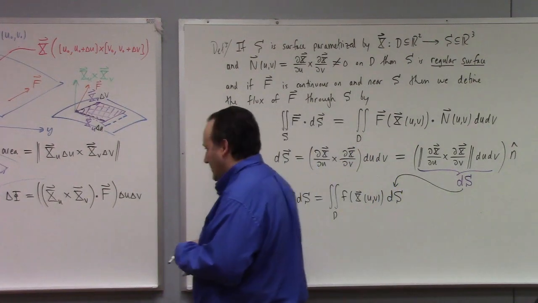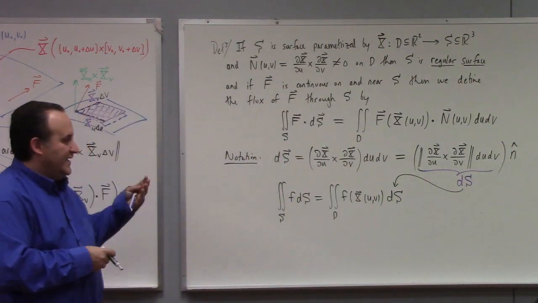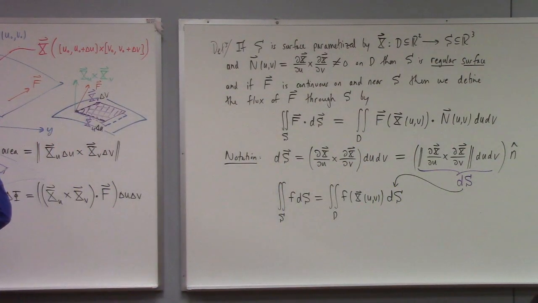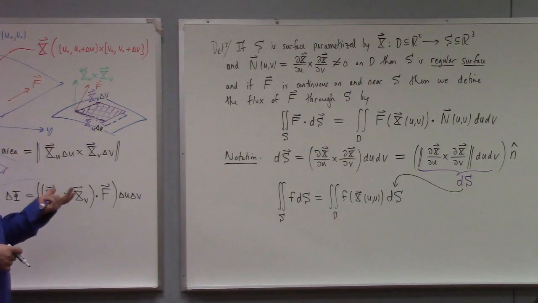Same ds. This is the so-called scalar surface integral. I forgot the name of this thing. I can tell you this, when we put f equal to 1, it gives you the surface area.